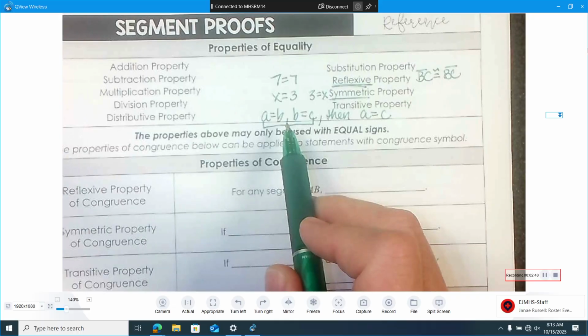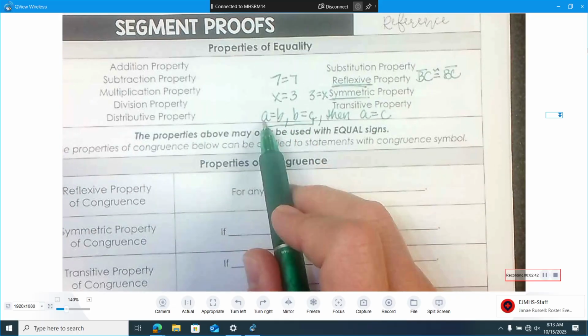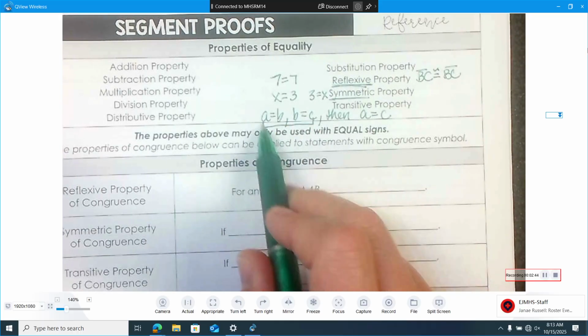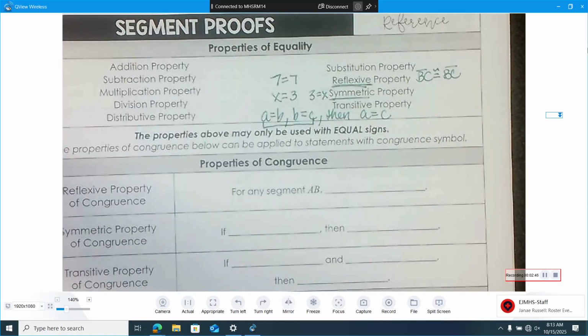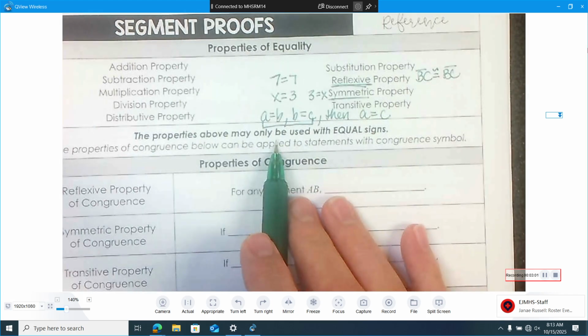I like to think about it as a chain linking sort of thing. A is to B and B is to C, then A must also be to C. Like it's a nice little chain. All right, so that is the transitive property, and we use that a lot in our geometric proofs as well.